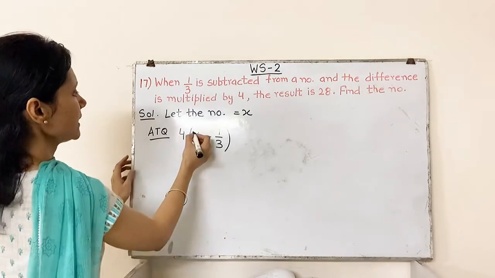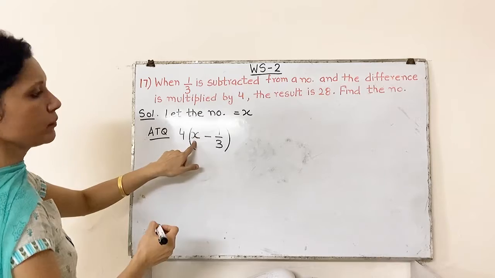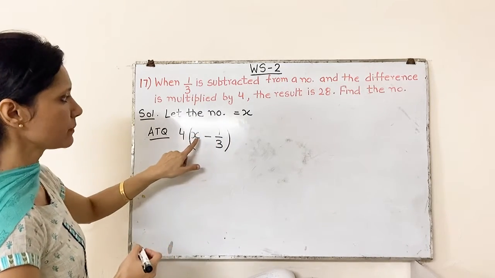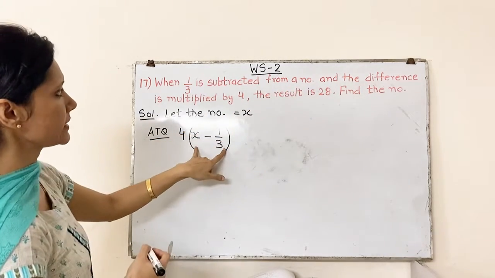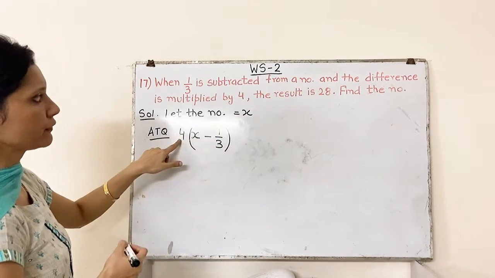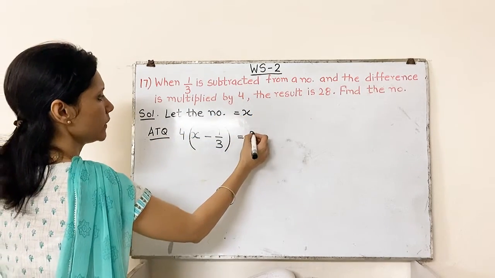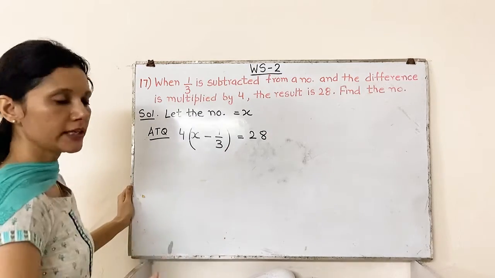So our equation becomes (x minus 1 upon 3), and this difference is multiplied by 4. So the result is 28. That means we get 28 as our answer. So this is our linear equation.